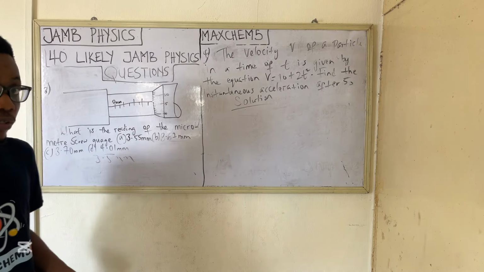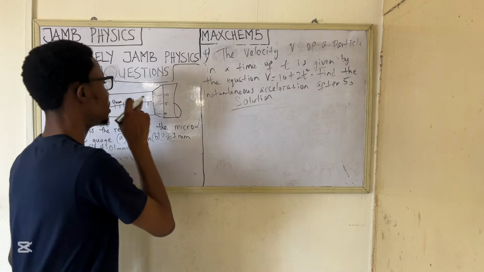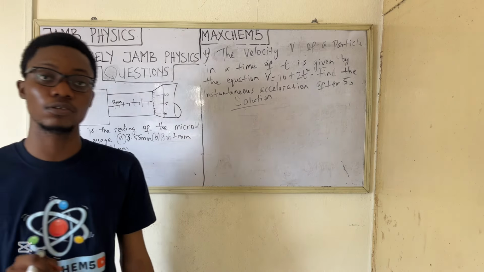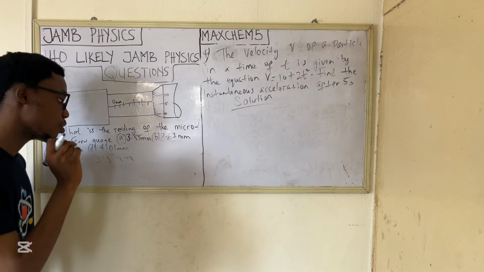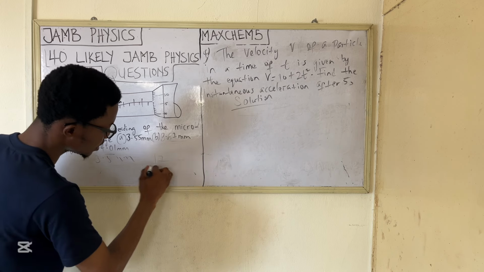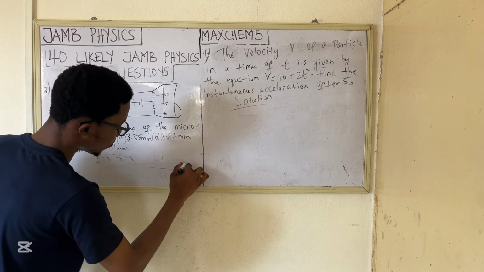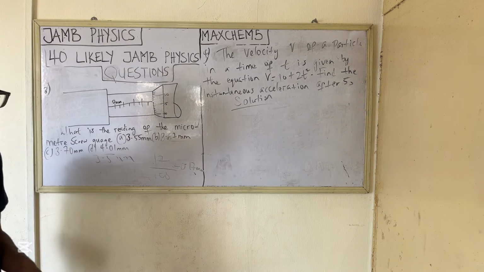For questions like this, the reading of your small scale, you always divide by 100. So you have 17 divided by 100, which is 0.17 millimeters.